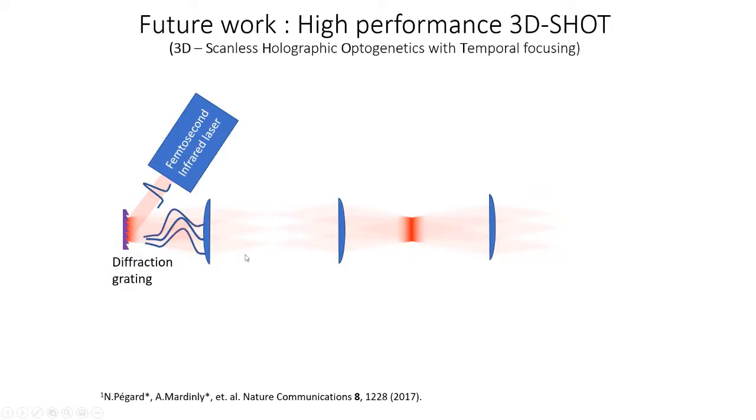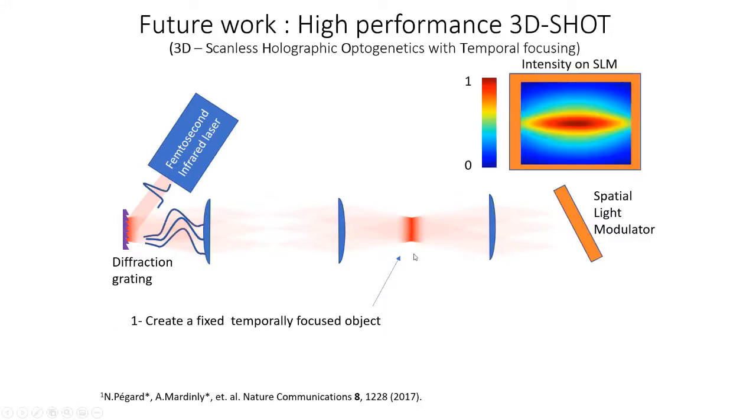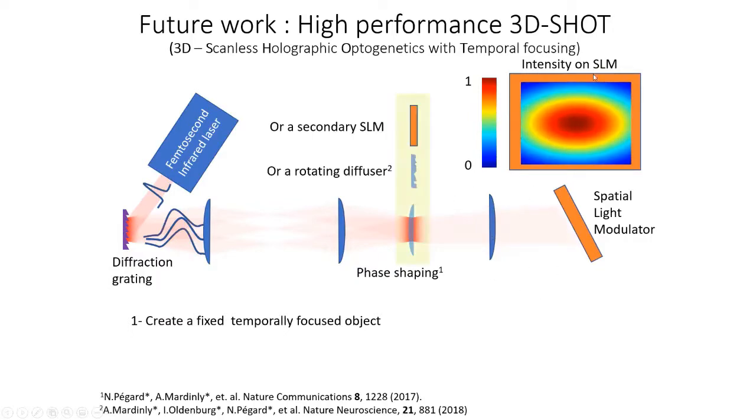What was difficult to do is combine this with 3-dimensional holographic targeting. So we came up with a solution in which we create a temporally focused object, and then we send the wave coming from this modulated object onto an SLM using a phase shaping object right here in the image plane to make 3-dimensional holography and temporal focusing compatible.